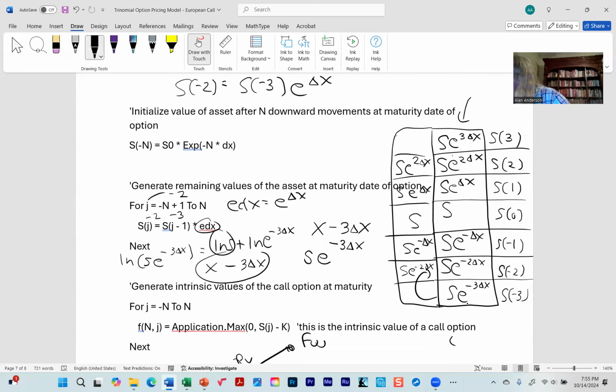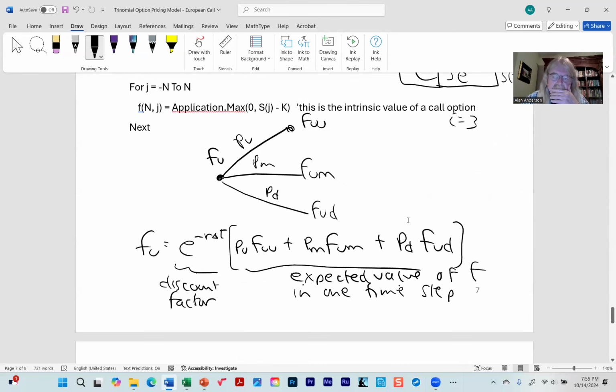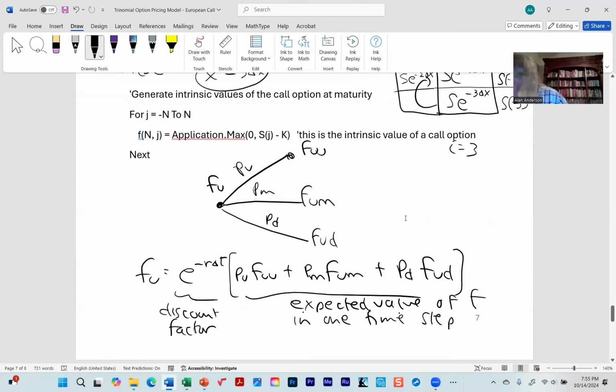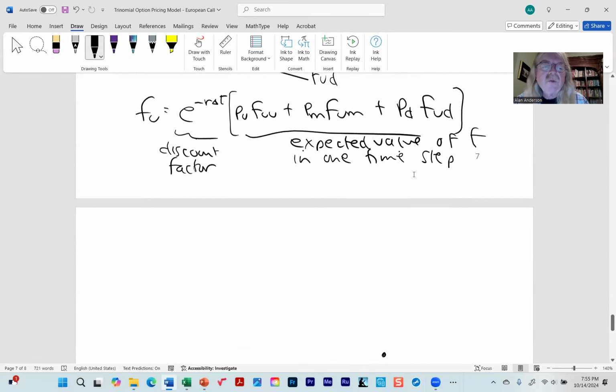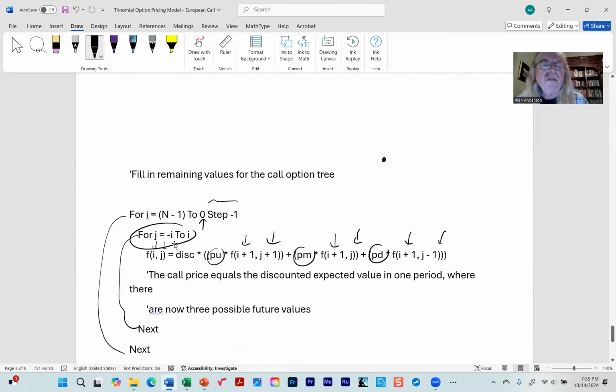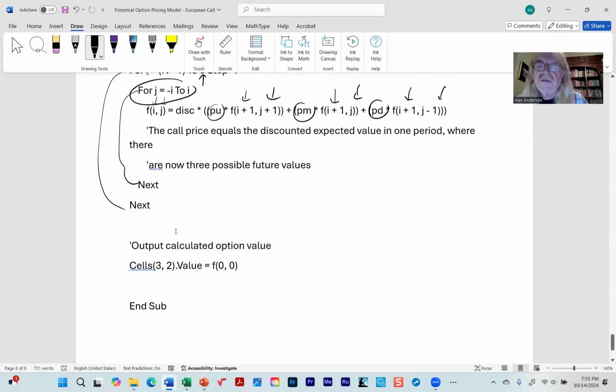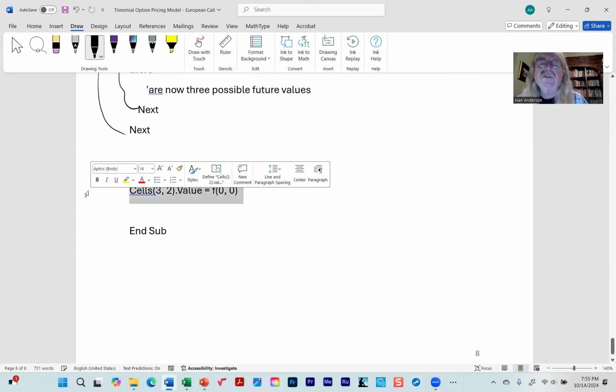In order to fill in this column, I is 3, but we have 1, 2, 3, 4, 5, 6, 7 entries because we're going from 3 to negative 3, basically. Altogether 7 entries, and so that's why this loop is listed as negative I to positive I. And at the end, when you're done, you just fill in the result.